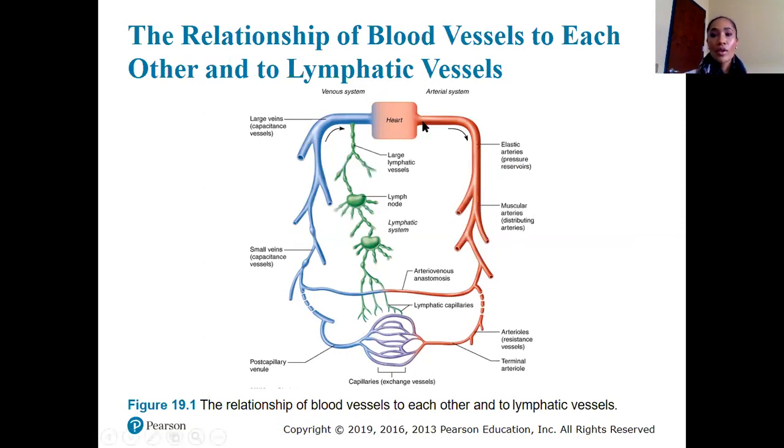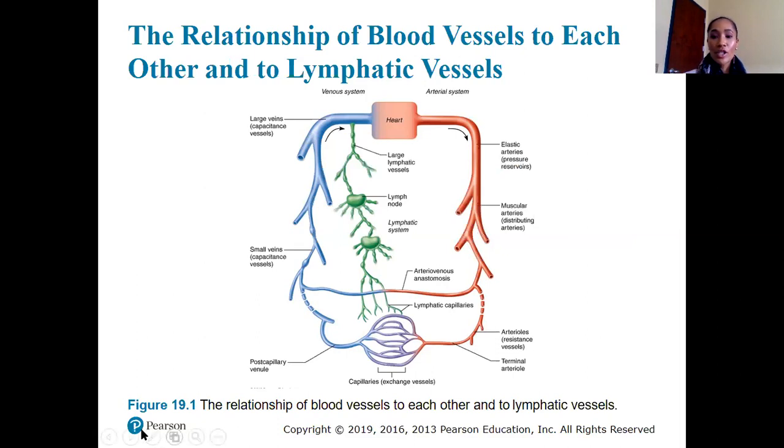Our larger structures that carry high oxygen blood throughout the body, we call arteries. We have an example of an elastic artery here, and muscular arteries. And then as they get smaller, we tend to call them arterioles, which we see down here. So we go from very large arteries down to arterioles.